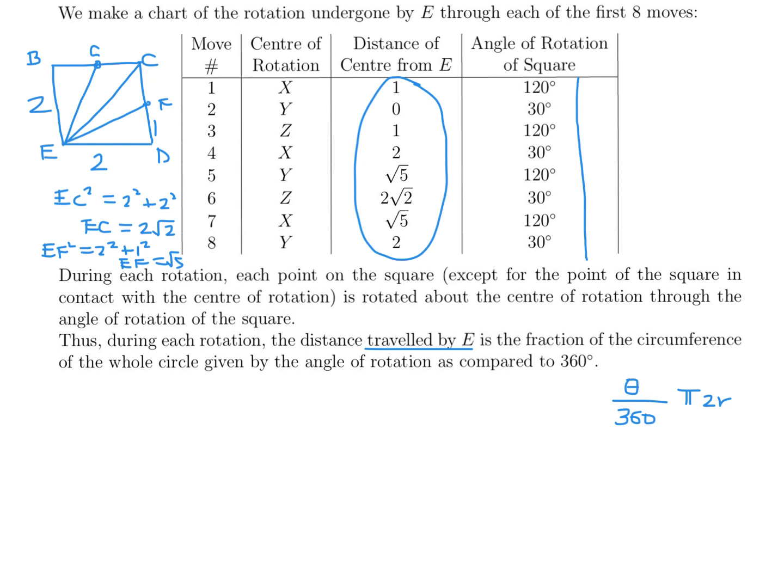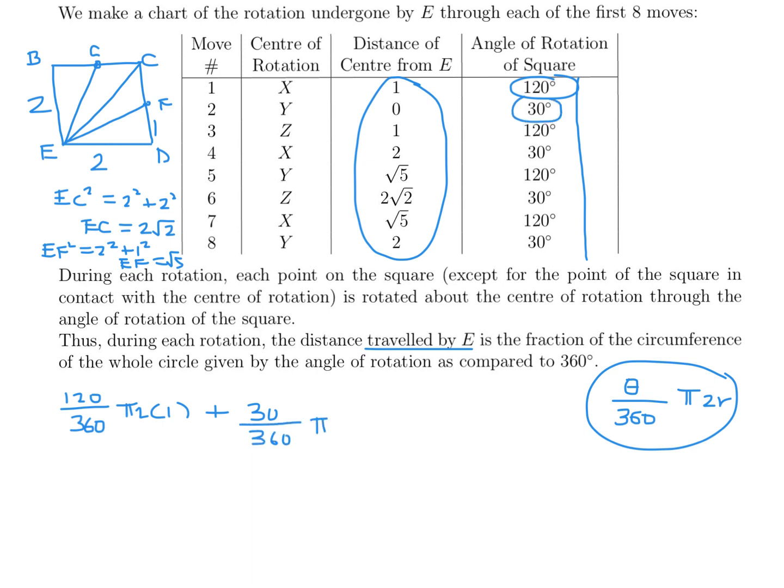And then to figure out the total, you would just calculate it as follows. So we had 8 moves, right? The first move, the angle is 120. So remember, using this formula, it'd be 120 over 360 times 2 pi r, and r in this case is 1. Then the second move, the angle this time is 30 over 360 times 2 pi times 2.